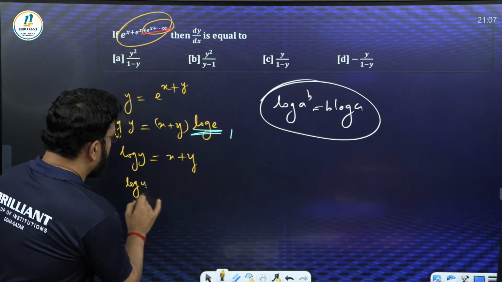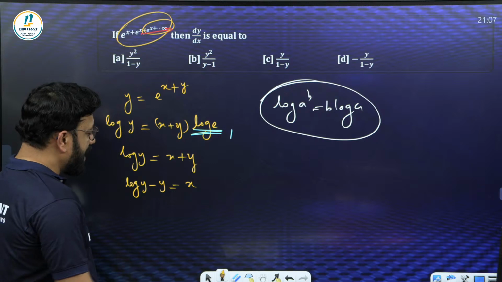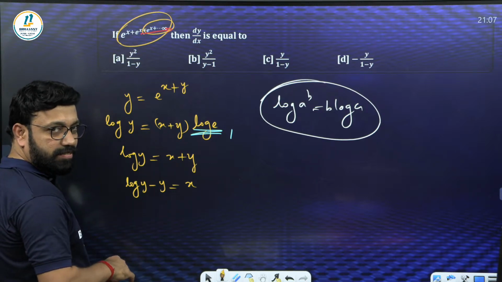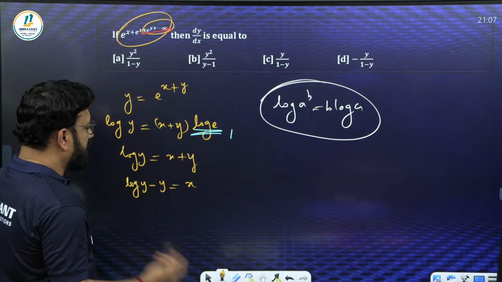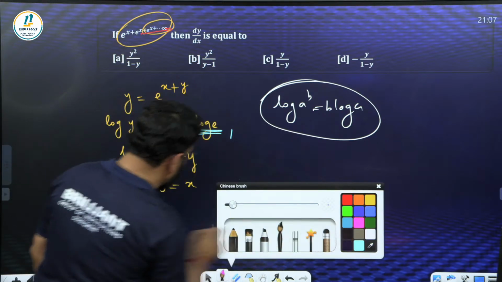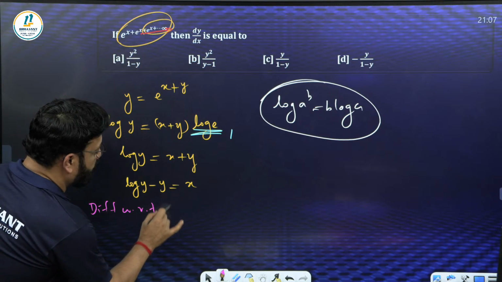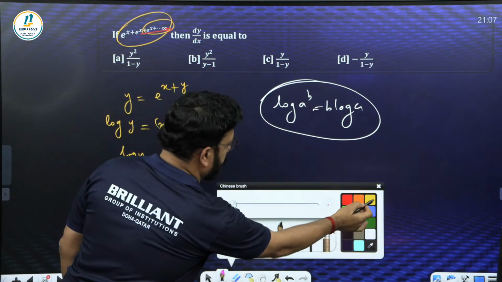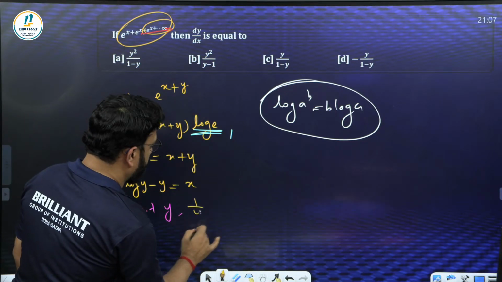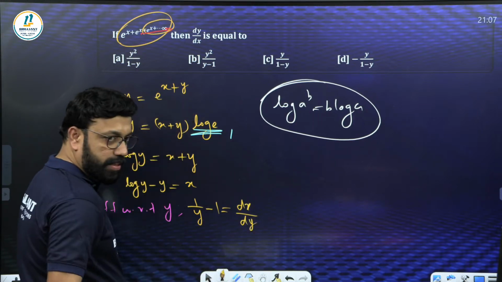Log y minus y equals x. I am taking dx by dy, that's also fine. Differentiate with respect to y: the derivative of log y is 1 by y, minus 1, which gives dx by dy.